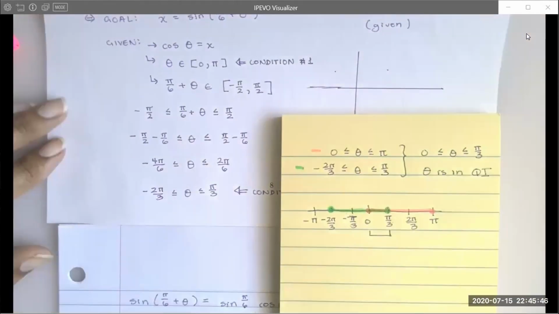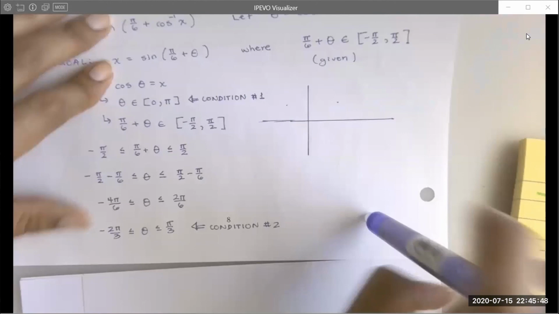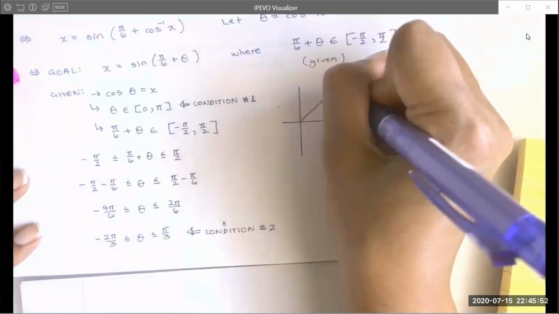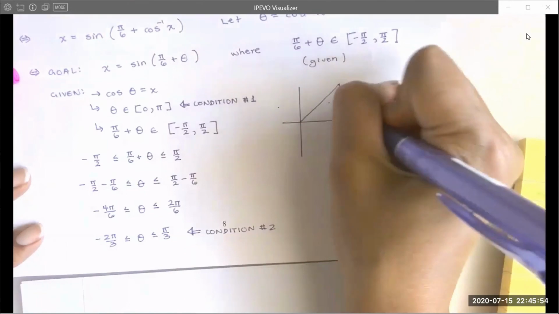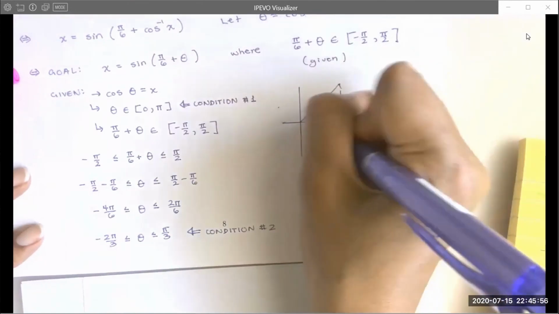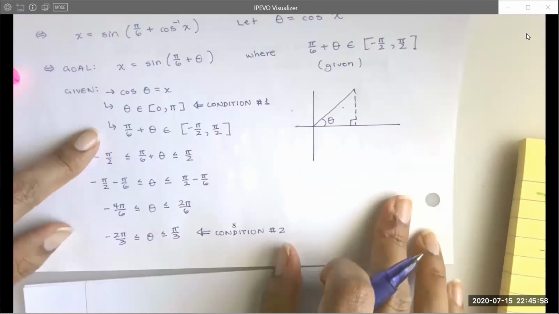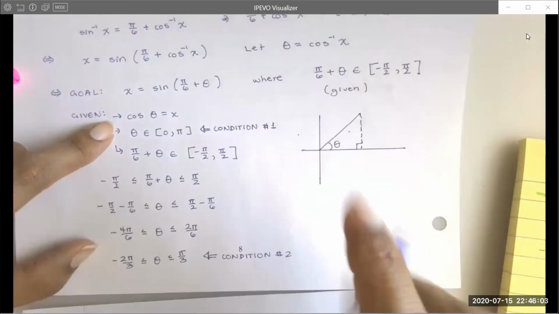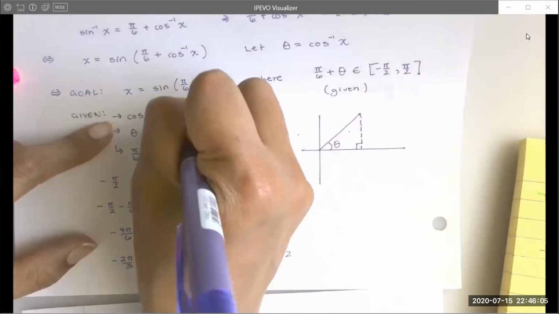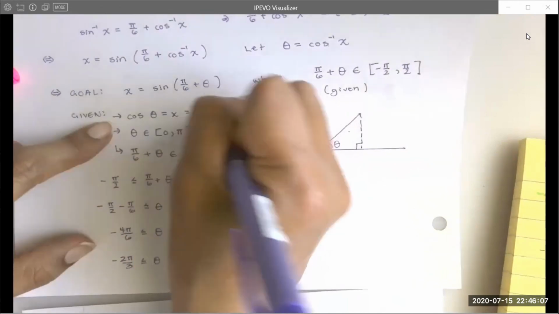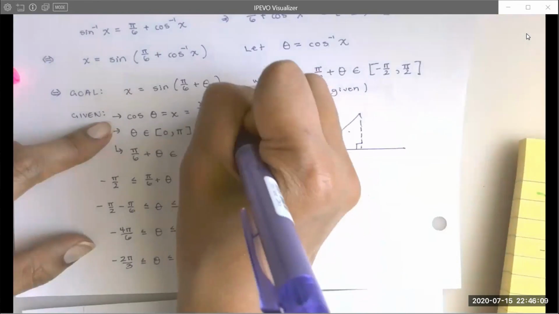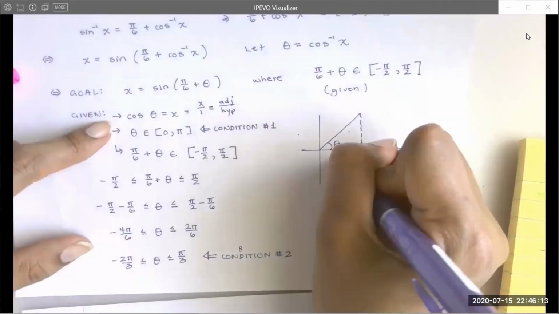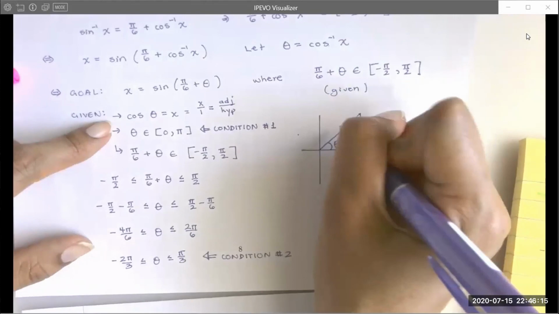Okay. So let's draw the diagram, quadrant 1. What do we have for theta? We're given cosine. Cosine of theta is x, which we could express as x over 1, and that is going to be adjacent over hypotenuse. So that means the adjacent side is x, the hypotenuse is 1.